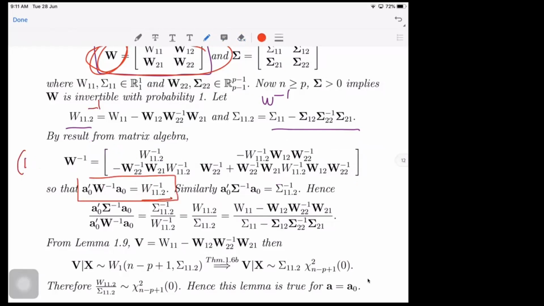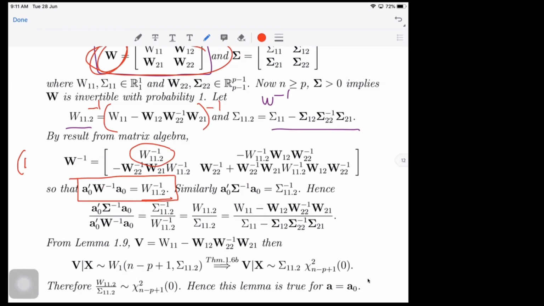A0 prime W inverse A0 is just W inverse 11.2, which is the inverse of this. The inverse of this. Are you with me? Yes, ma'am. Okay.